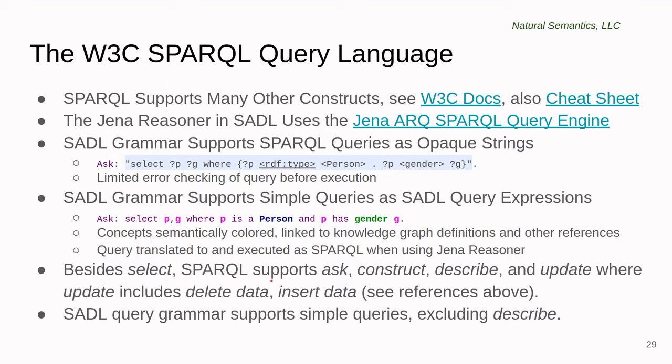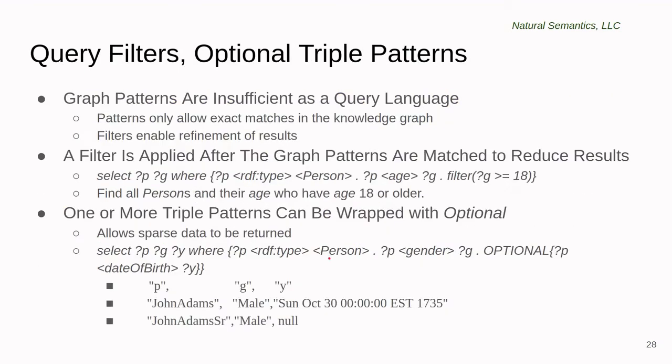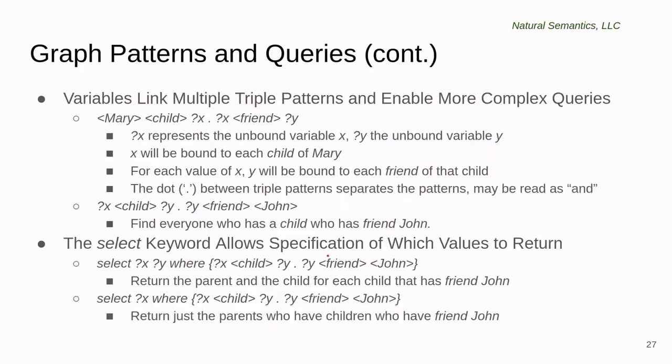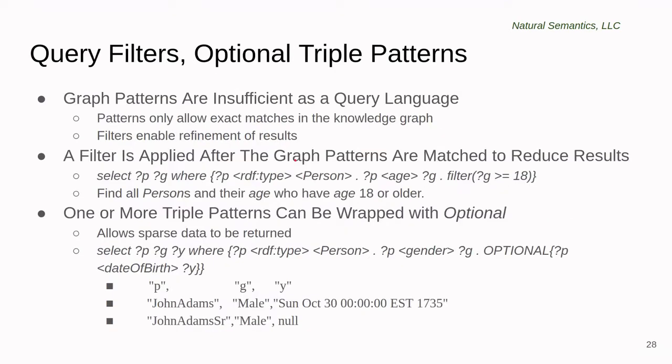Besides select, SPARQL supports ask, and ask actually is what is used if we are in the category of fully specified query pattern. So I would say ask, and then I would expect the keyword ask. Ask Mary child John would return true or false.